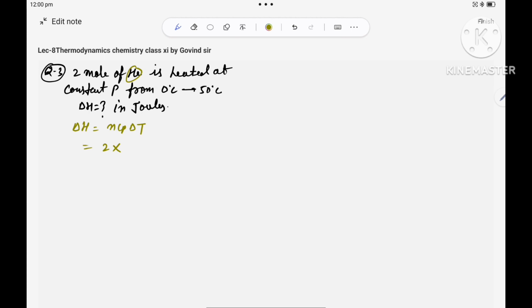So first Cp you have to find. Cv is equal to, for monoatomic, 3 by 2 R in calorie. In joule it will be 2 and joule 8.314.